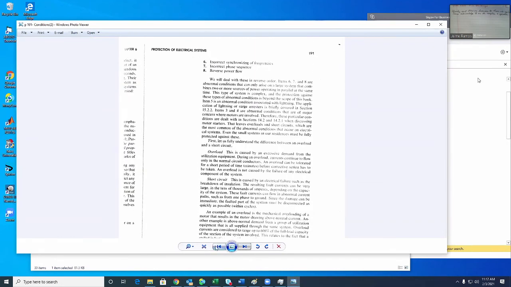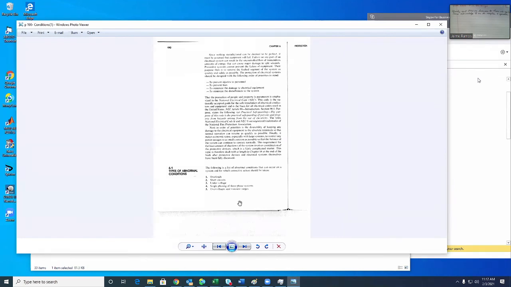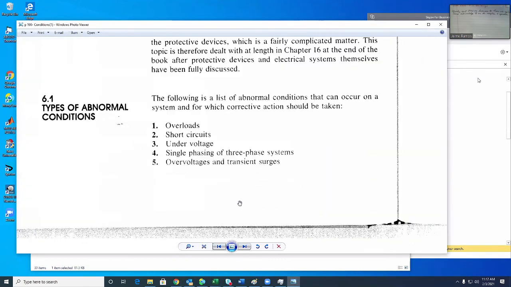So let me go back and then look at this. Abnormal conditions: overloads, short circuits, undervoltages, single phasing, and overvoltages.